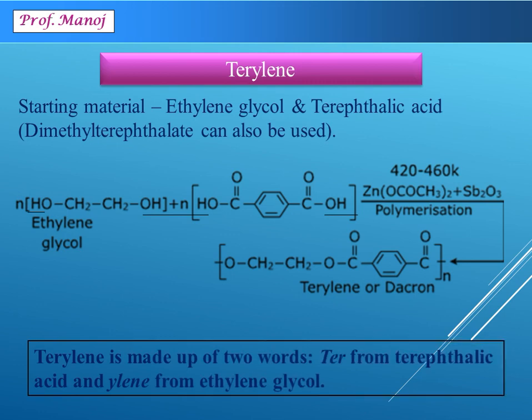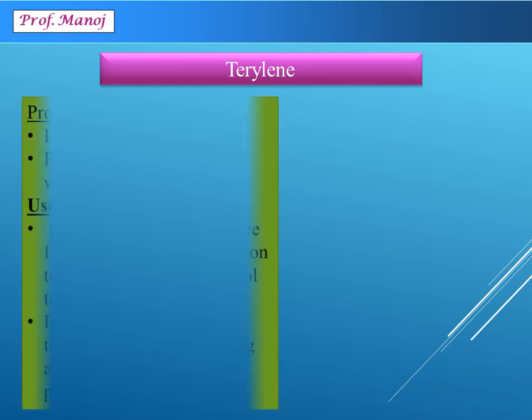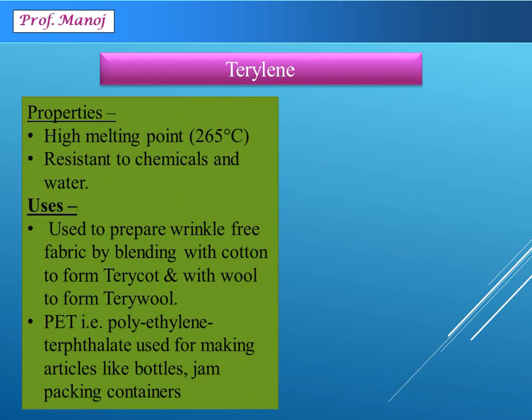The word terylene has been made from two words, TER from terephthalic acid and YLENE from ethylene glycol. Terylene has a very high melting point and it is resistant to chemicals as well as water. This makes it useful for wrinkle-free fabric, and it is usually made by blending it with cotton to form terrycot and with wool to form terrywool.